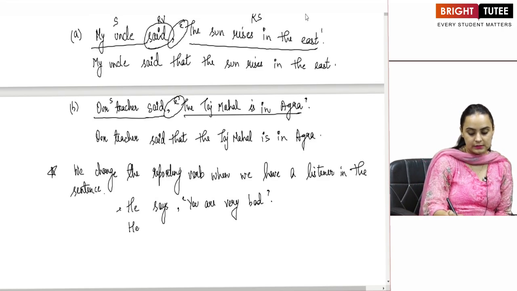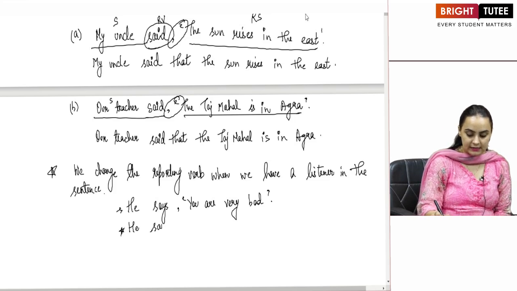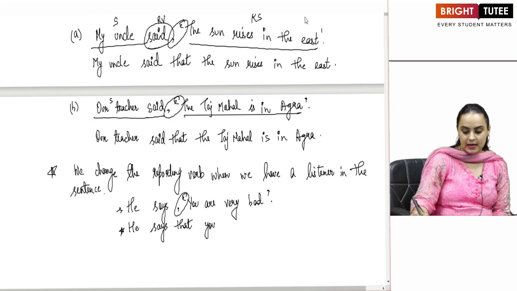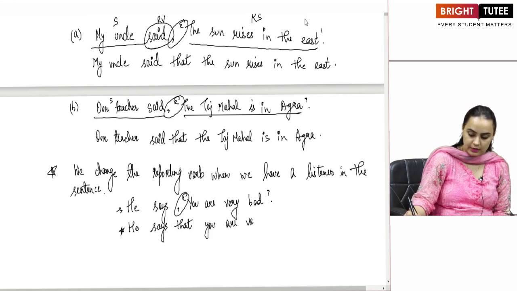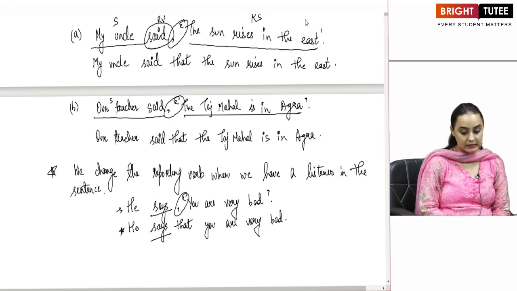He, being the speaker, remains as it is. He says will remain the same. We remove the inverted commas, we write that. So he says that you are very bad. We did not change the reporting verb, it remained the same.